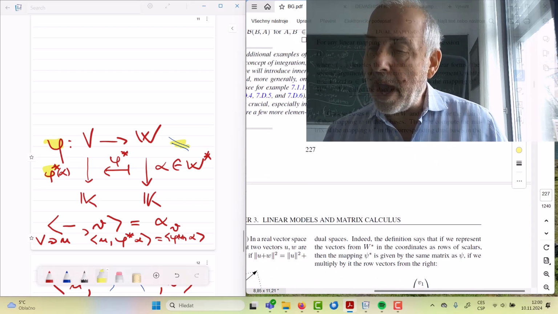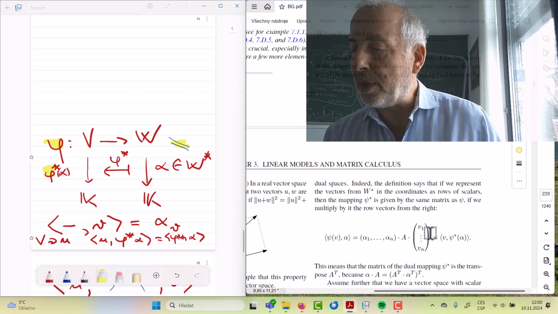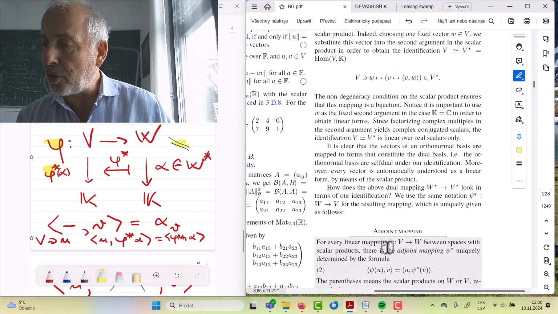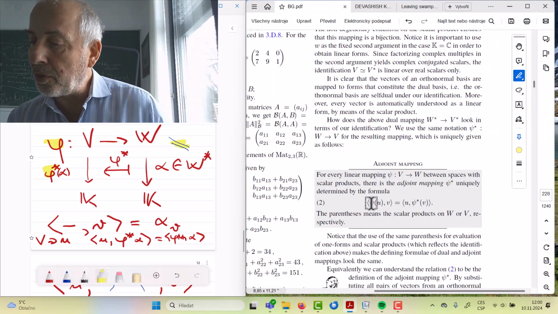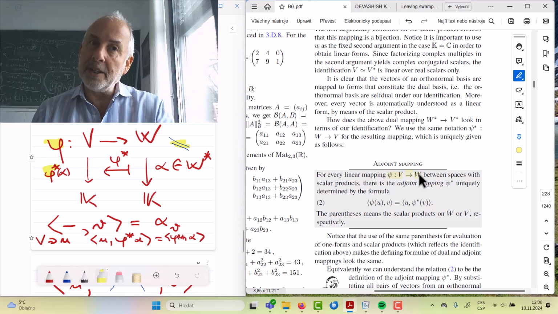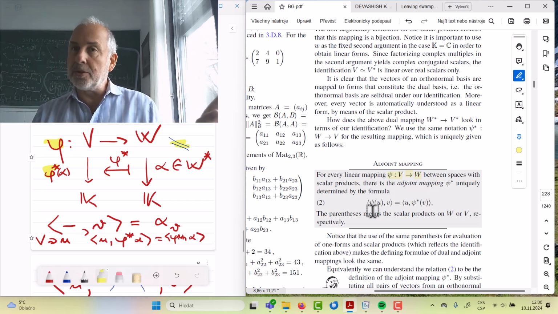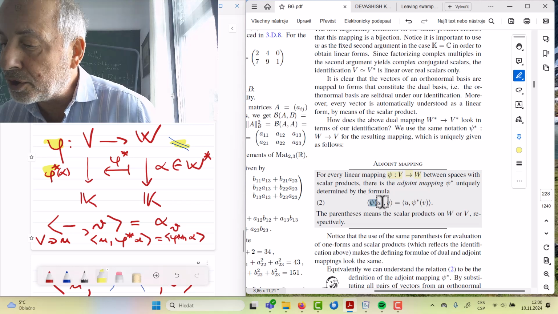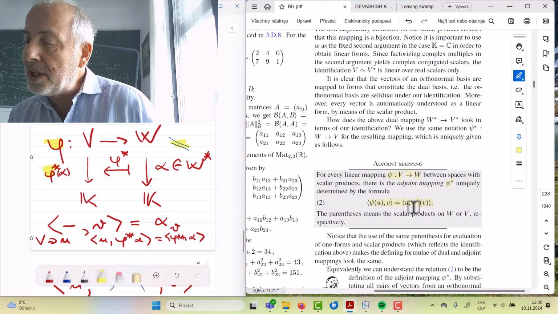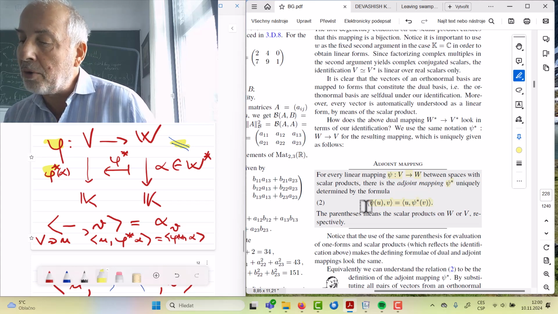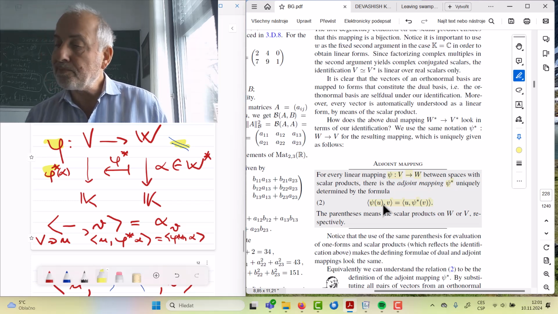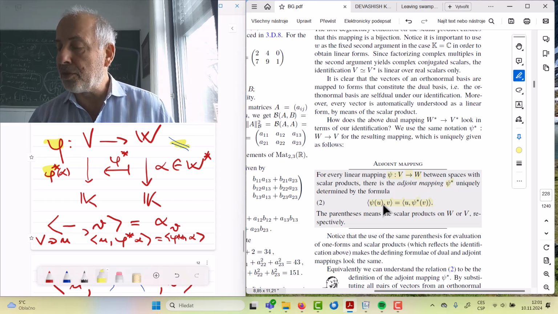As I already revealed, the dual mappings are given in coordinates this way, and if we have got the scalar product on top of that, then we talk about the adjoint mappings, which is the same thing but identified. You can also forget about the dual spaces then and write it explicitly this way. So psi star is uniquely defined by this formula, right? And now the bra and ket is not bracket, but it's just the scalar product. So that's the definition of the adjoint mapping.